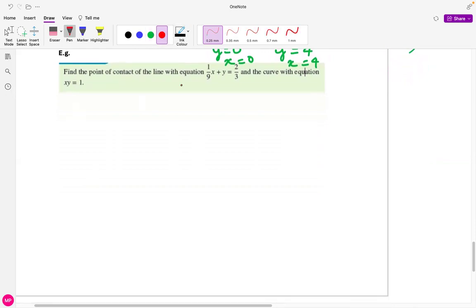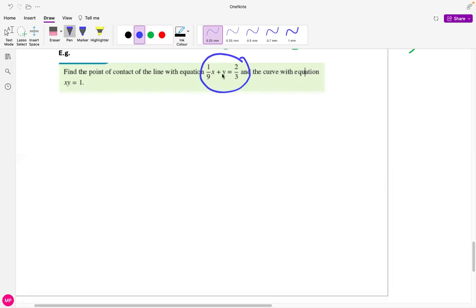Okay. And the last example here. Find the point of contact, which pretty much means finding the point of intersection between this and xy equals 1. Again, the same thing. You can make y the subject, or make x the subject, and then substitute back in. Either way works. Maybe this time I do this equation here.